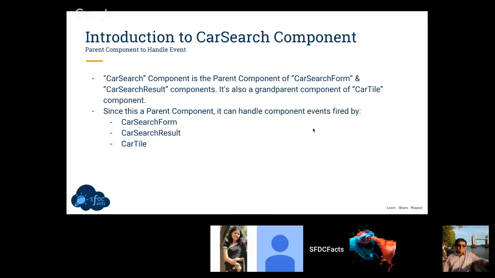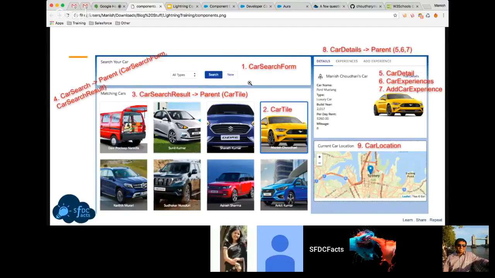So, introduction to our car search component; why I've created this slide. Let me tell you the usage of the car search component. In our code, once we click on the search button or the submit button, we want to fetch all the cars that belong to that particular car type category.